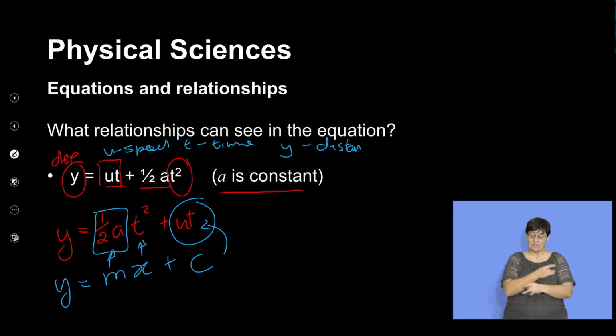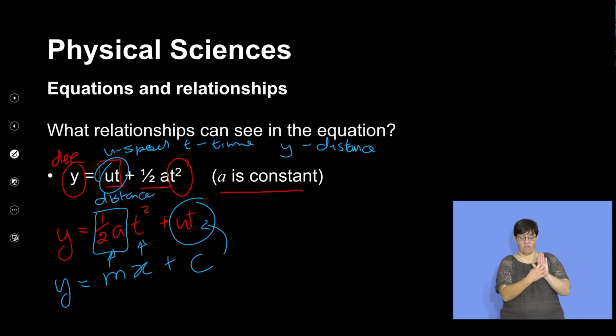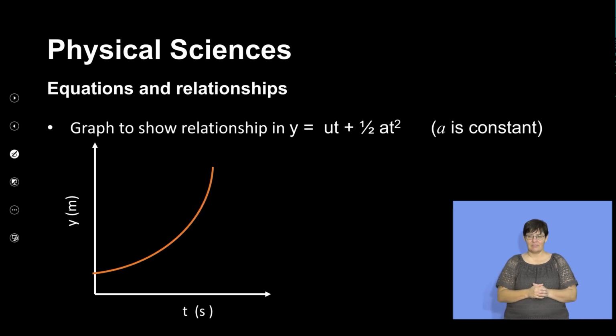Like we've said right in the beginning, when we take speed times time, we get distance. So this factor here represents a distance. And if we go to our graph, y against t, we've got an initial distance that is put over there. That is representing distance. This represents time.